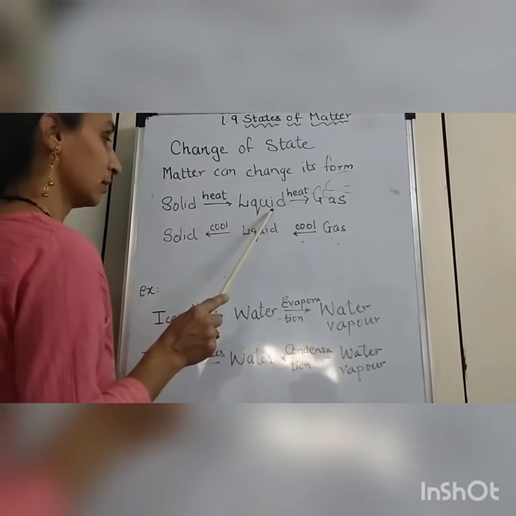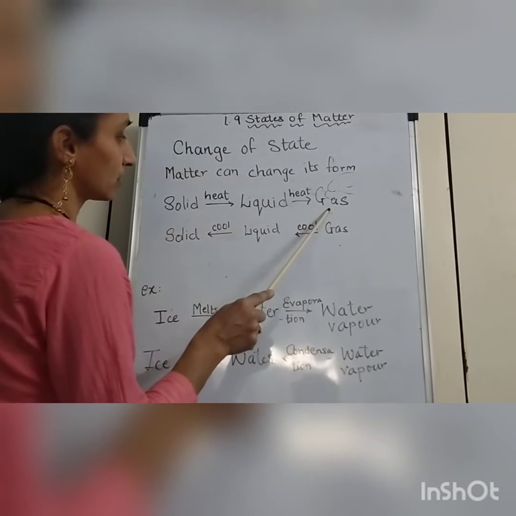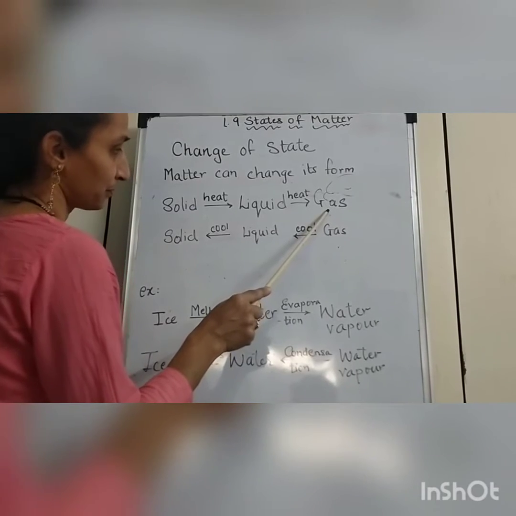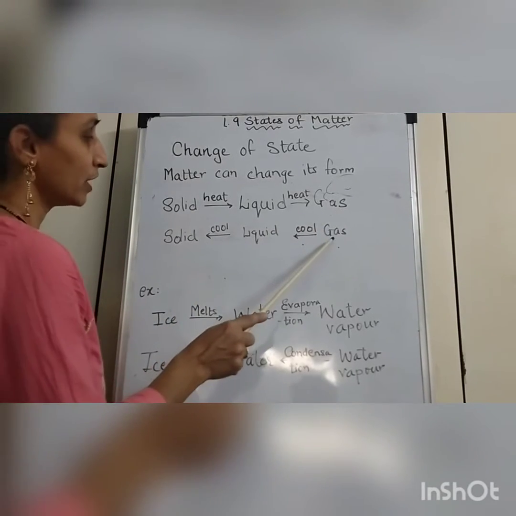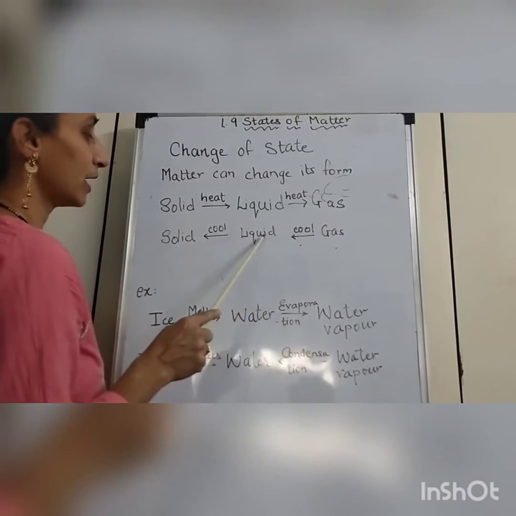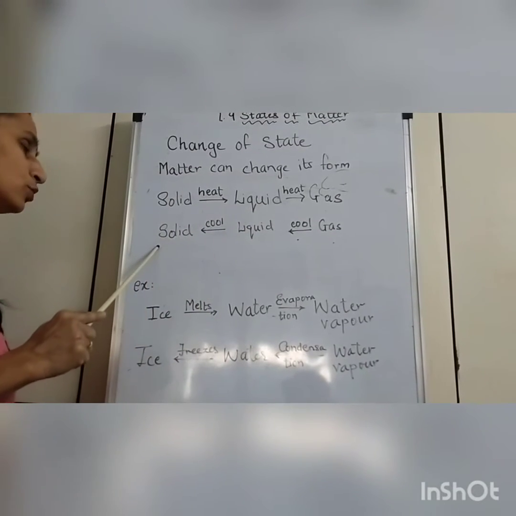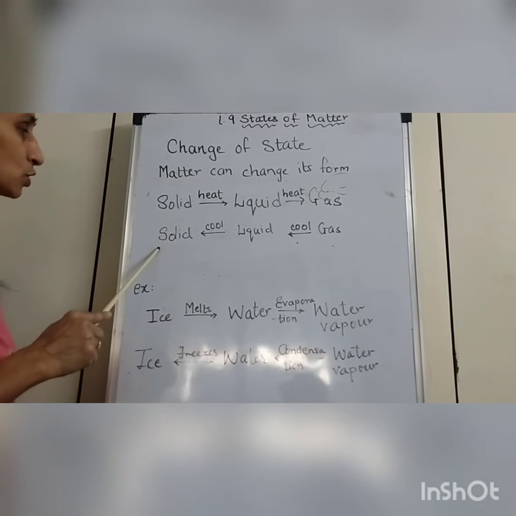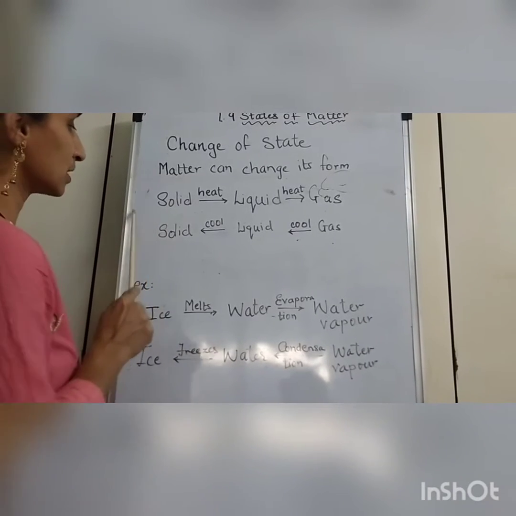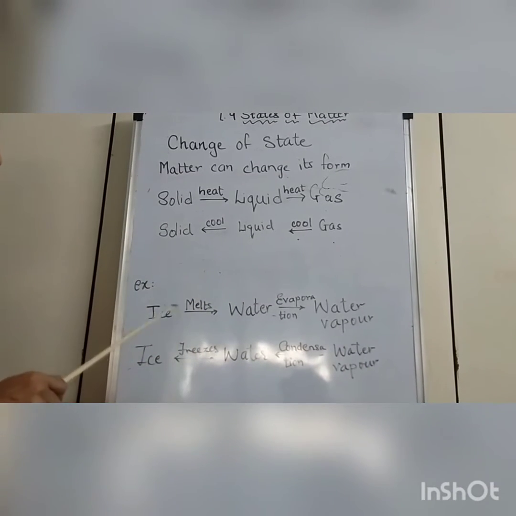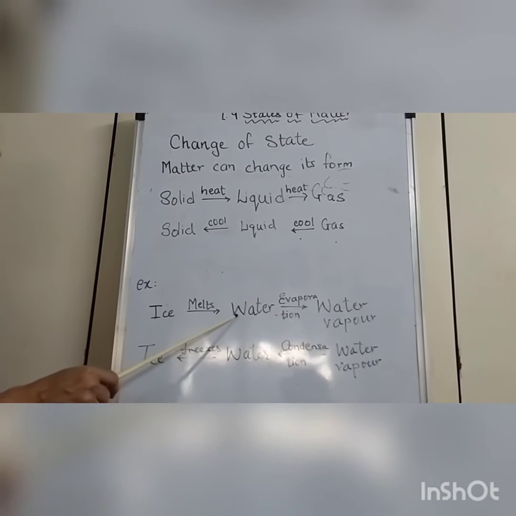If we provide heat to liquid, it will get converted into gaseous form. Vice versa, if we cool gas, it will get converted into liquid, and if we cool liquid, it will get converted into solid form.